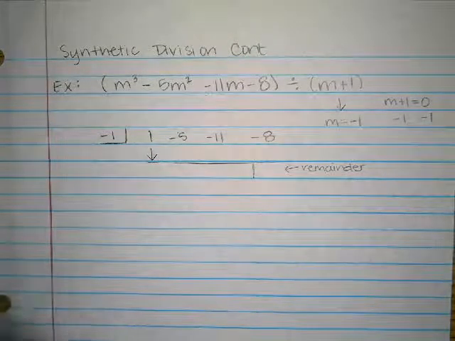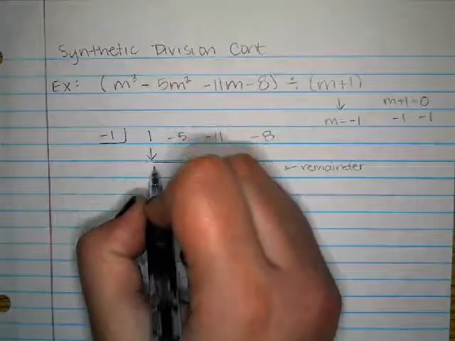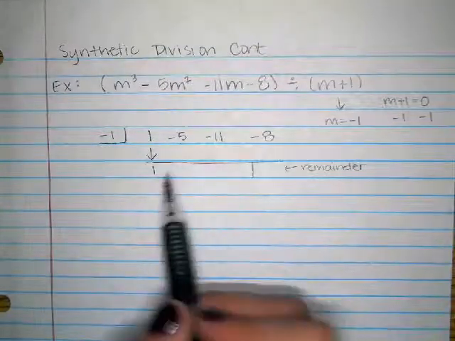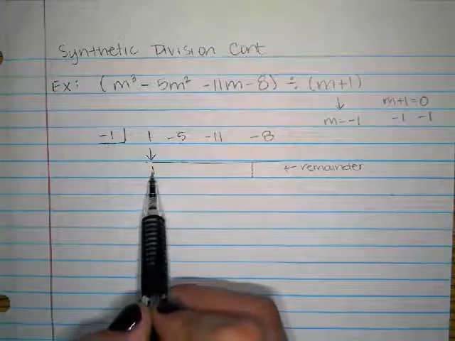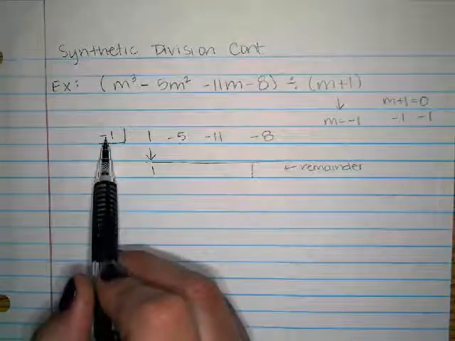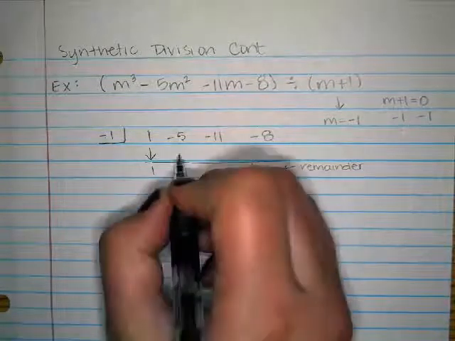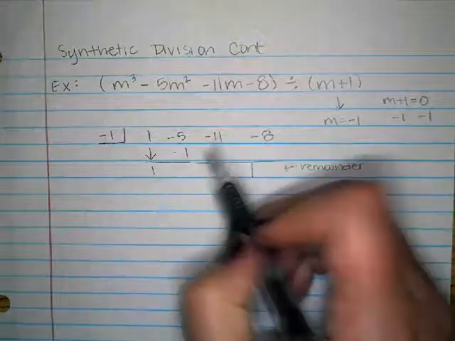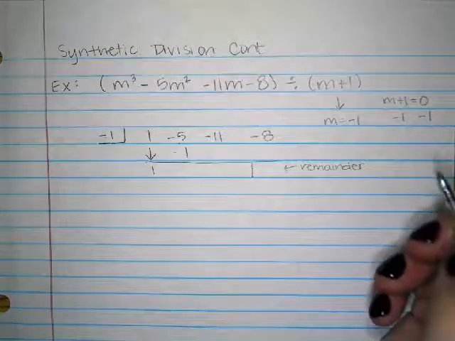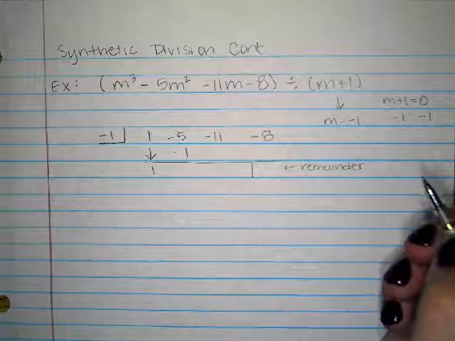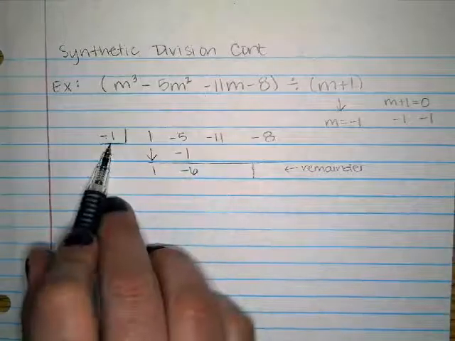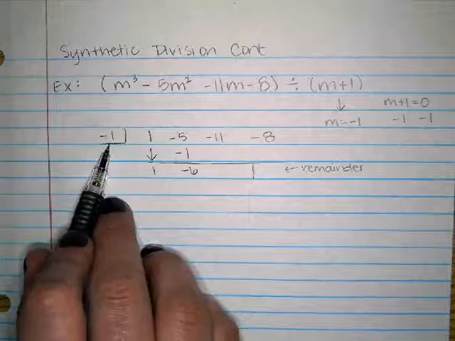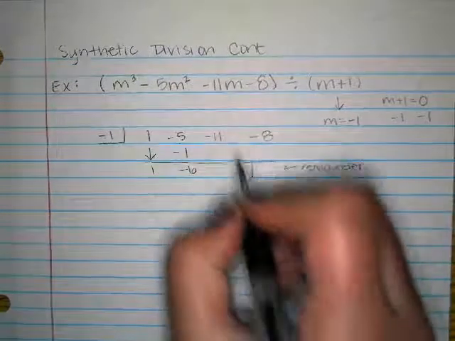Okay. So I'm going to drop down the 1. And then I'm just going to take this one and multiply what's in the box. So 1 multiplied by negative 1 is negative 1. And then I add these together. Negative 5 and negative 1 is negative 6. And then I take that and I multiply by what's in the box. So negative 6 times negative 1 is positive 6.